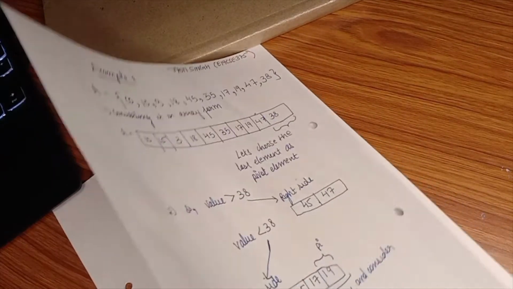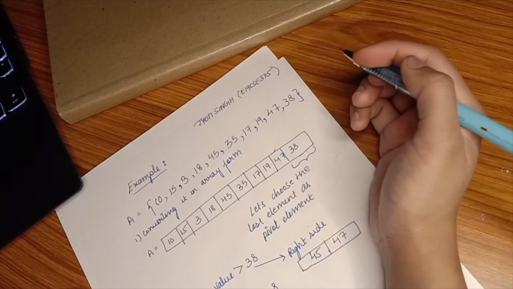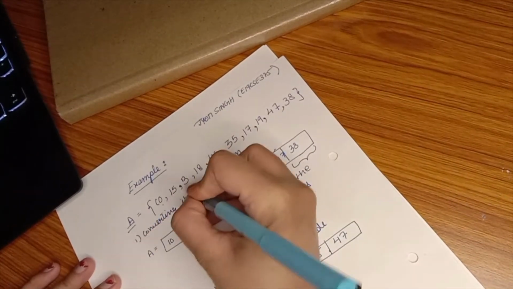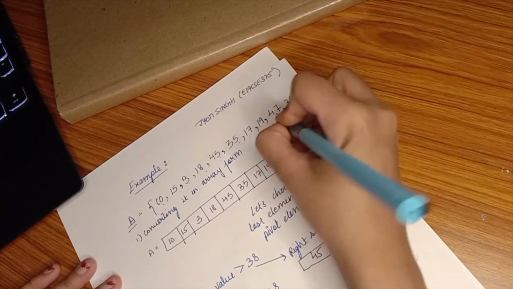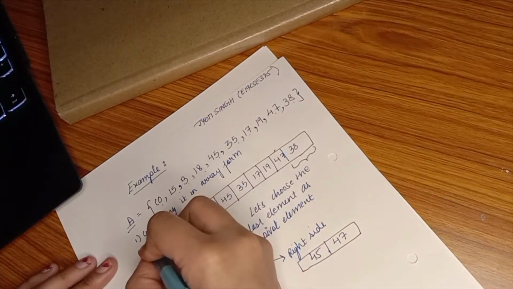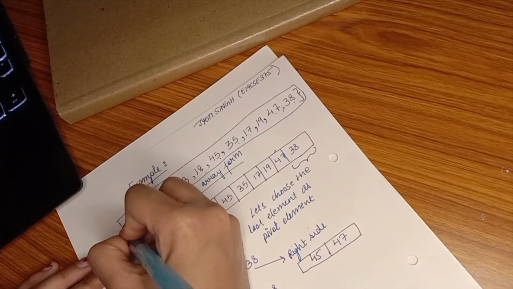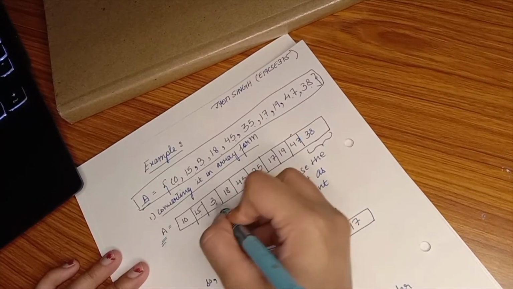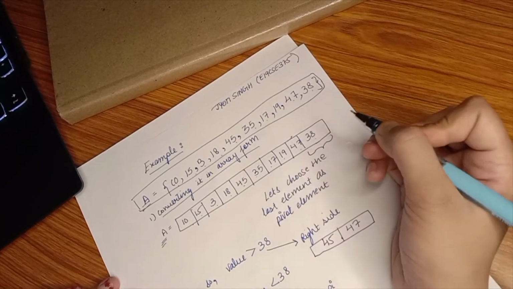Now we'll start with an example on quicksort. We are given an array A with elements 10, 5, 3, 18, 45, 35, 17, 19, 47 and 38. First we have to convert this given data into array form: A equals 10, 15, 3, 8, 45, 35, 17, 19, 47, 38.